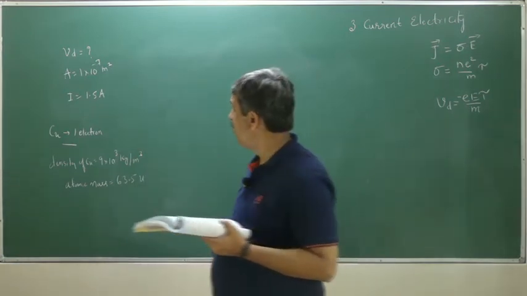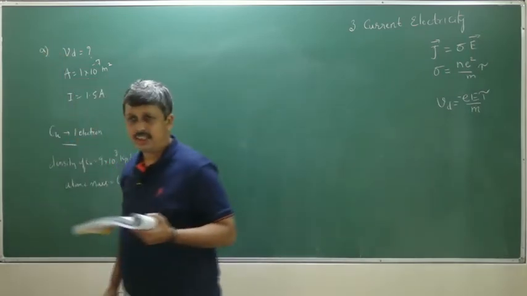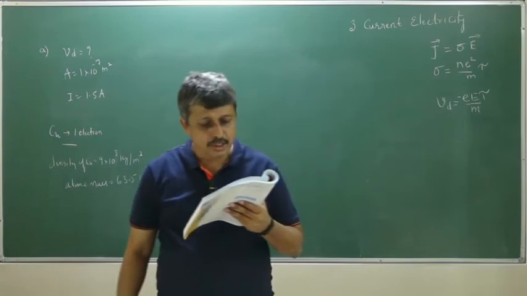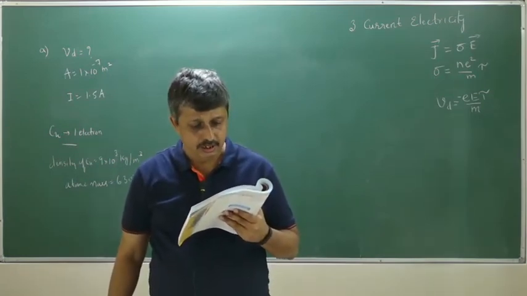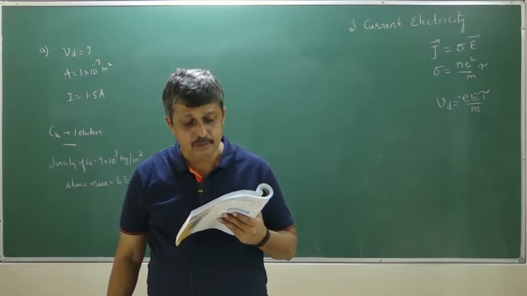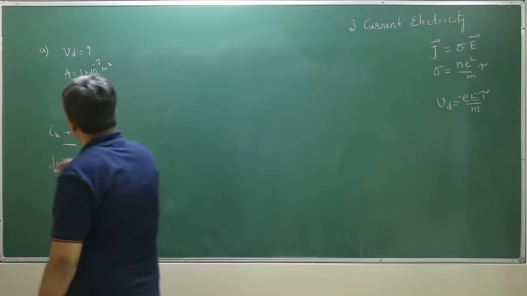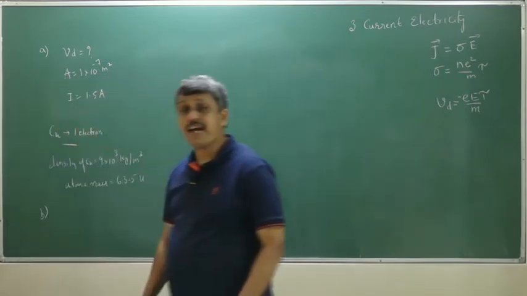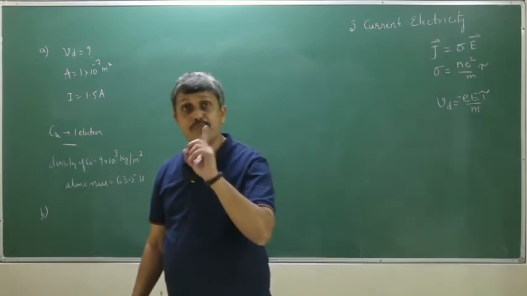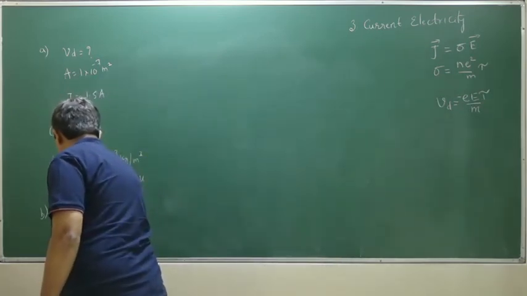Point A is to find out the drift velocity or drift speed. Point B is to compare the drift speed obtained above with the thermal speed of copper atoms. Very interesting.